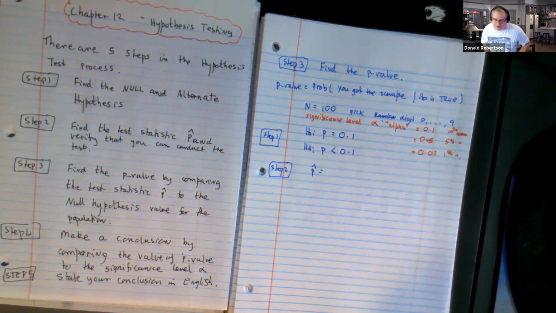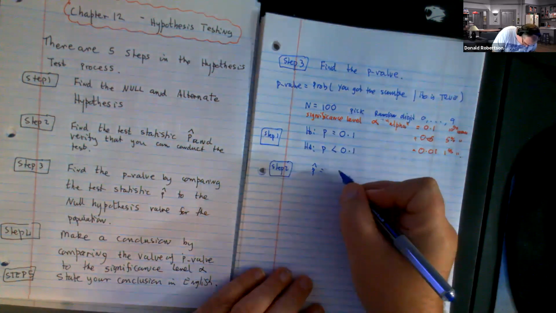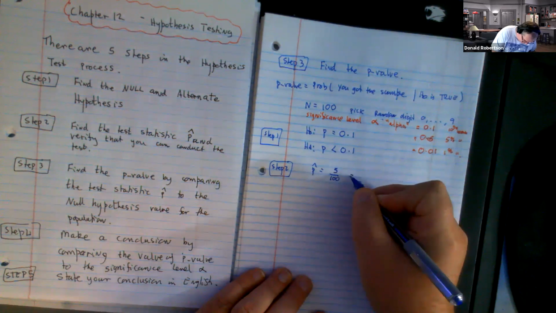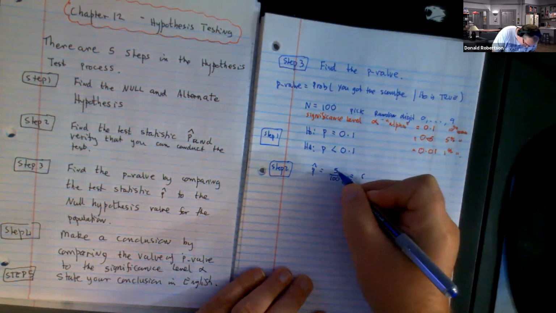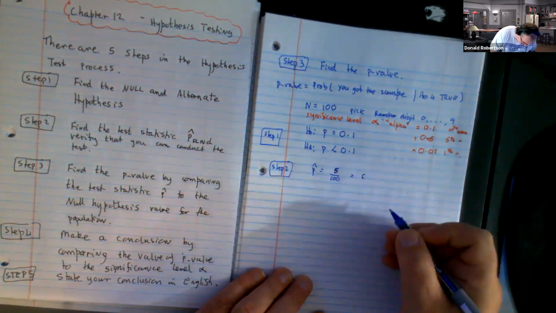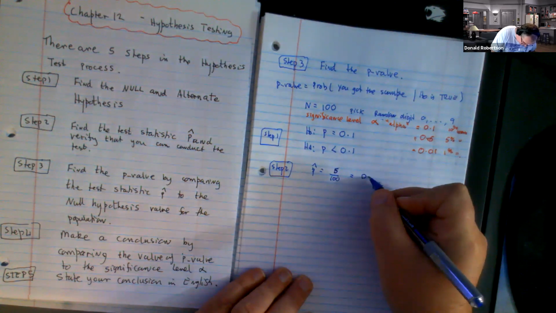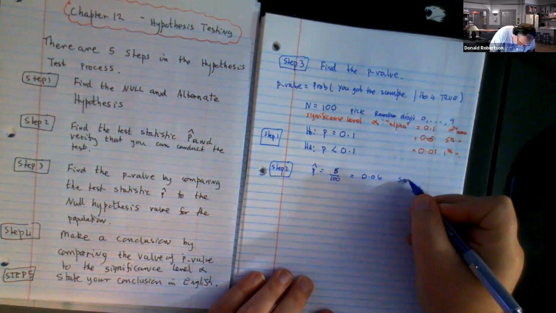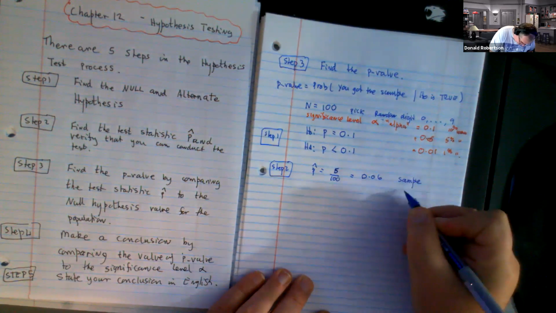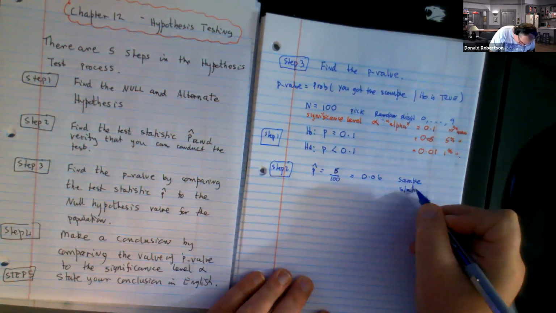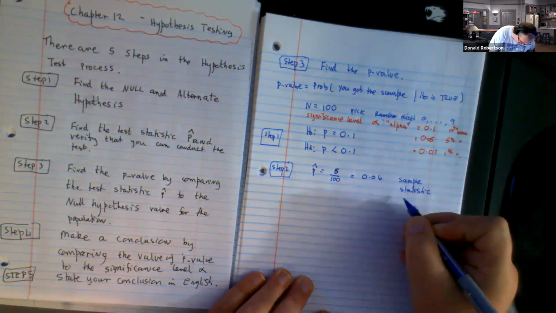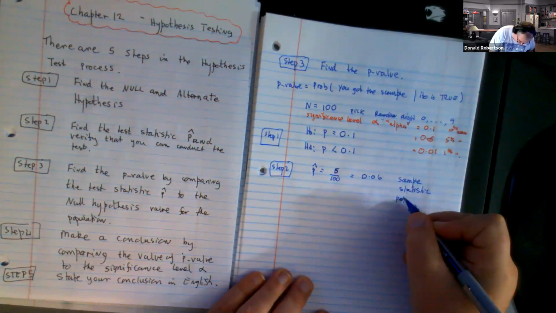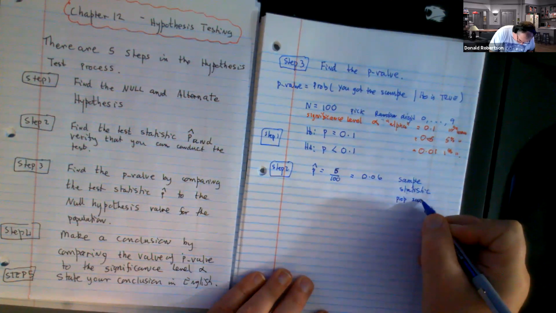Right. Let's suppose that only 5 out of the 100. Well, let's make it 6, just so it's not all 5s all the way. So 0.06. That is my sample statistic. In this case, that's the proportion who said 0.